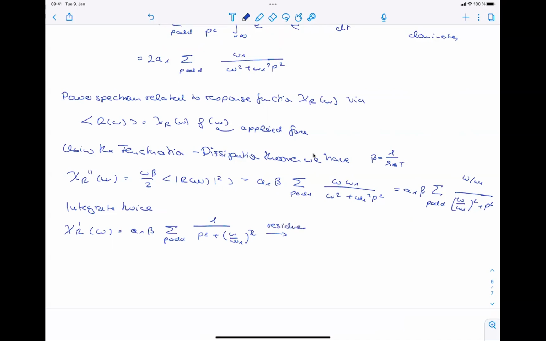If we do this, we then find the response function to be A1 beta 1 over p squared minus i omega. So we see that there's a complex response function, which means that there's an elastic response to the system and a viscous response. So the complex component belongs to the dissipation that the system has.